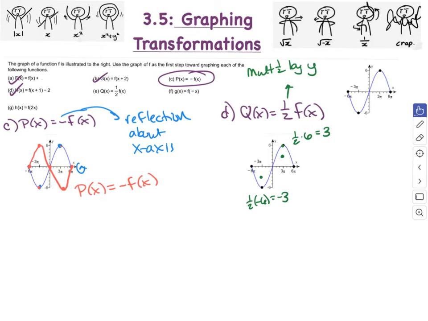And the rest of the points, 1/2 times 0 is 0. So this graph in green is our graph of q of x is 1/2 times f of x. So it's a stretch. Actually, these stretches that stretch down are called compressions.